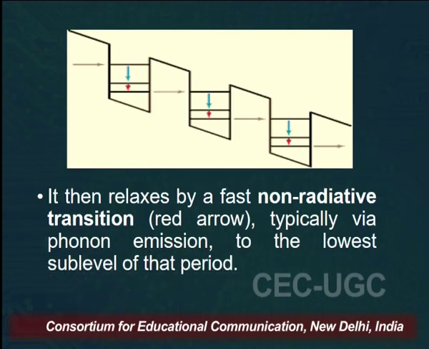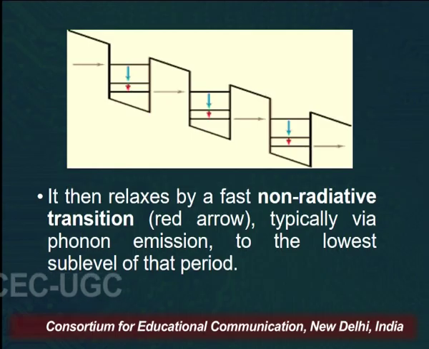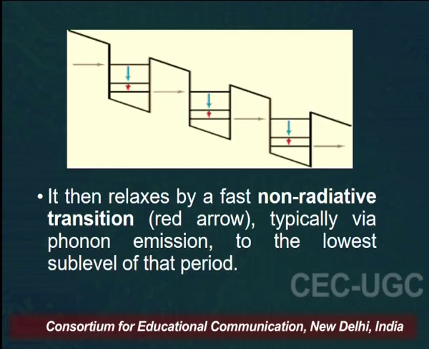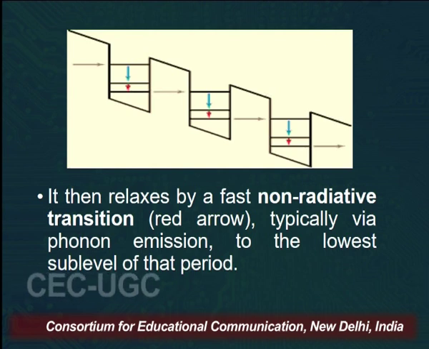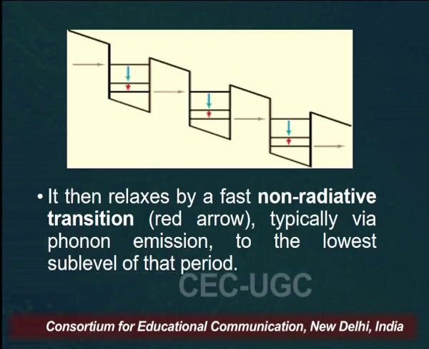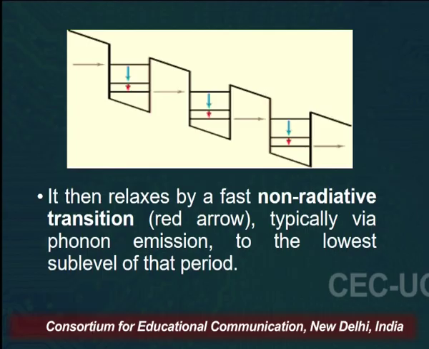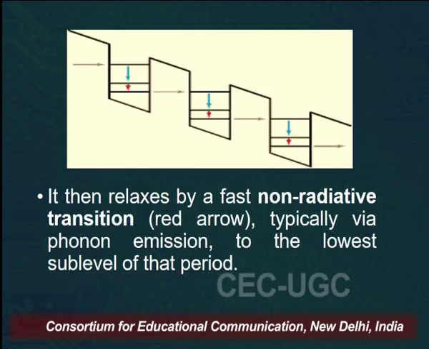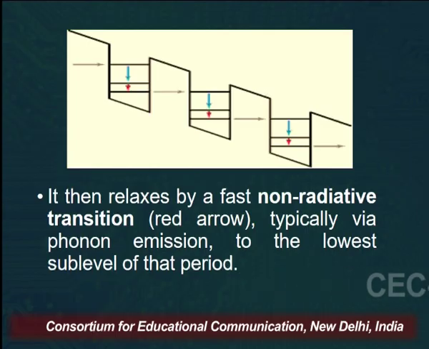That is the fast non-radiative transition defined by the red arrow, typically by photon emission to the lowest sub level of the period. So the transition from the upper level, represented by the blue arrow, is the lasing action and is radiative, but the red arrow represents the non-radiative transition, where it relaxes and goes to the lower sub level.